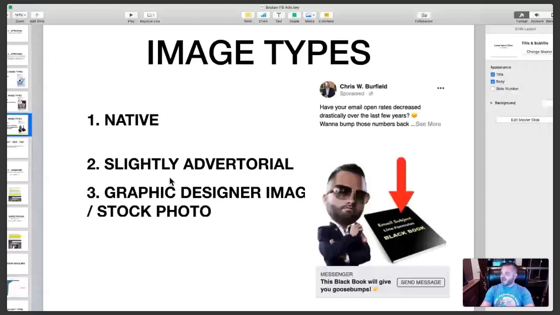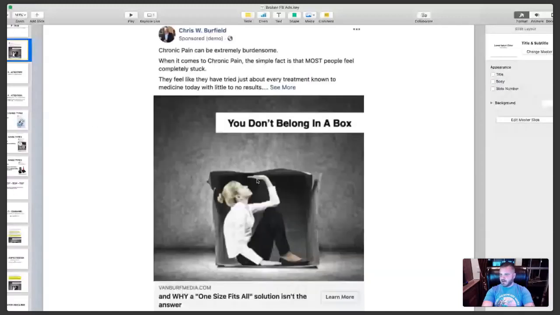That's the headline. Have your email open rates decreased drastically over the last few years? So this is something where you can pull stock photos. Like this image that I had back here, you don't belong in a box, if you can't see that right now. This is a stock photo image.